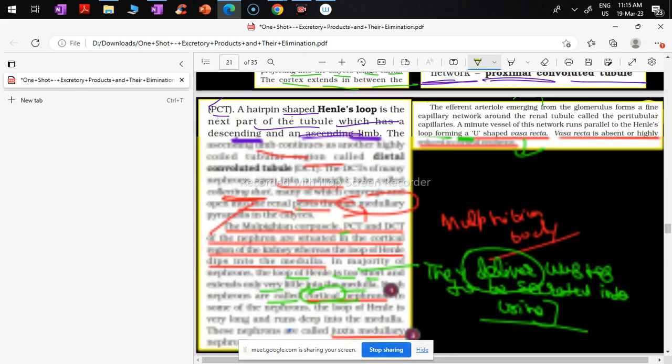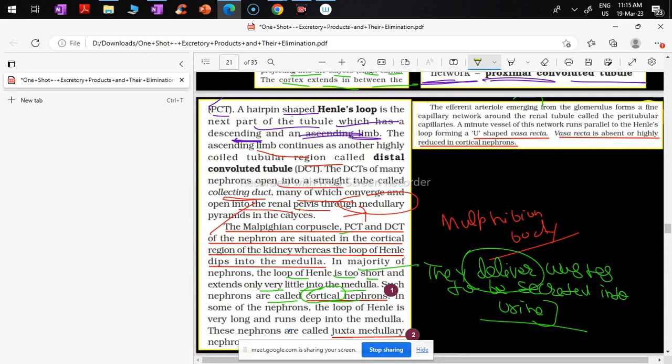But a minute vessel of this complete network runs parallel to the Henle's loop and forms a U-shaped vasa recta. Any doubts? Clear? Okay.